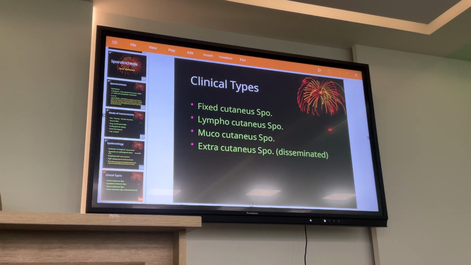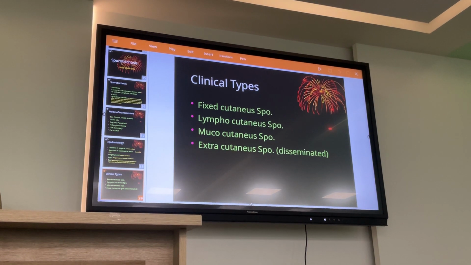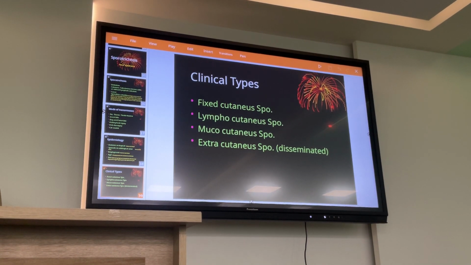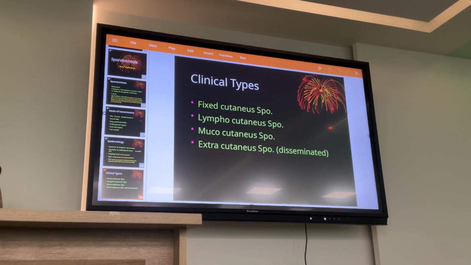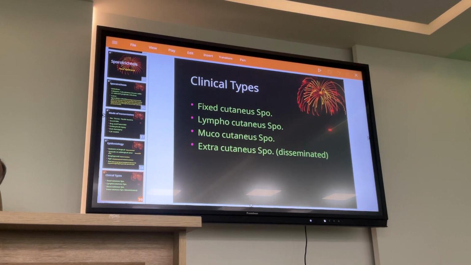In fixed cutaneous, we have only a skin lesion. But in lymphocutaneous, at first we have a skin lesion, but the infection transfers via lymphatic vessels and lymphatic tissue to other organs: the skeletal system, brain, eye, in males the testes, liver, and lung.